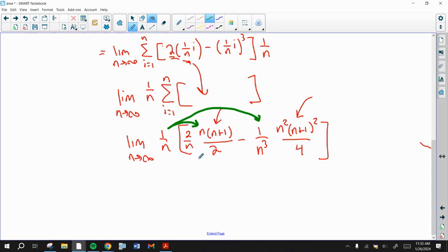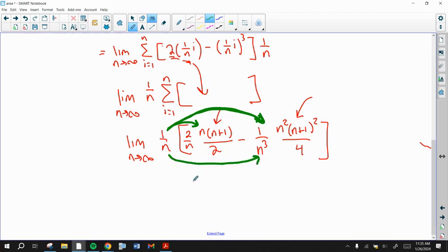So when you take the limit as n goes to infinity, you're just looking at the leading coefficients, because that's what you do when the degrees are the same. The second one, the degree at the top is going to eventually be n squared times n squared, which is n to the fourth. And the degree of the bottom is also going to be n to the fourth.